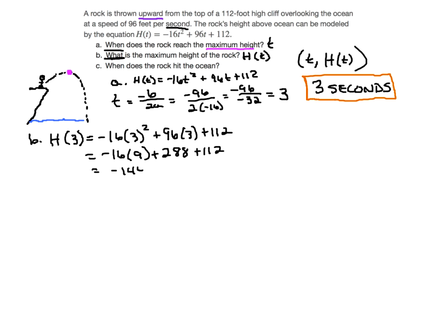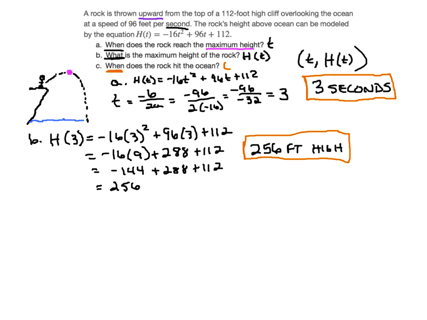Negative 16 times 9 is negative 144, plus 288, plus 112, which is 256. So at 256 feet high, my rock will be at its highest point.